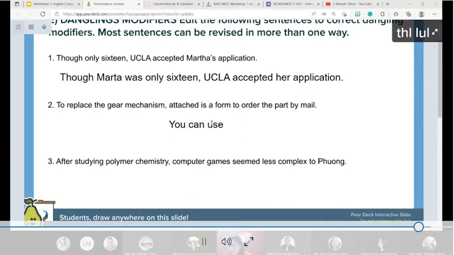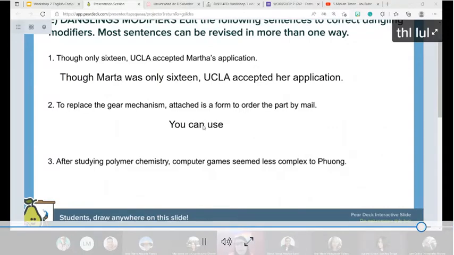What do you think about that one? How can we fix it? So who was studying?